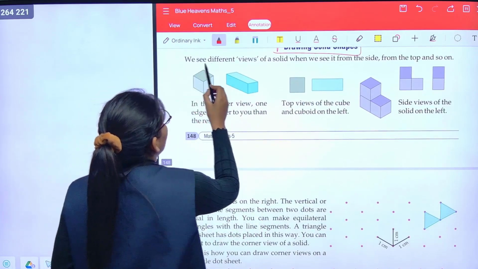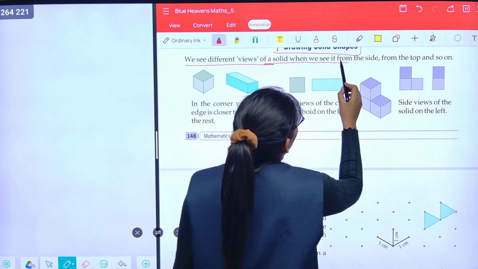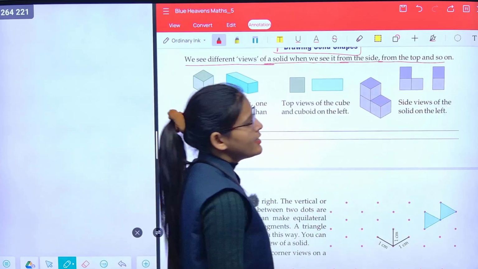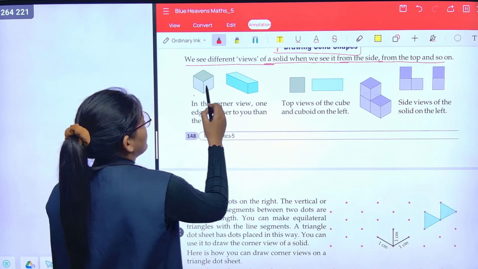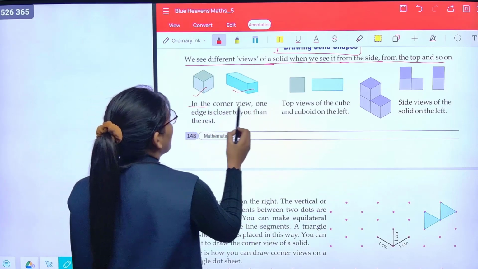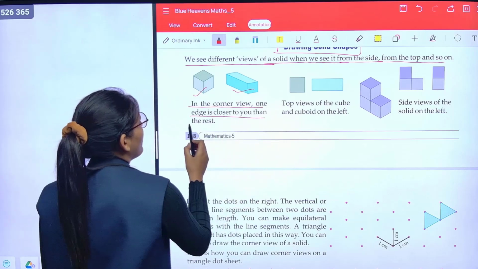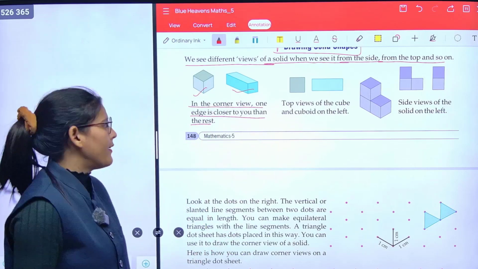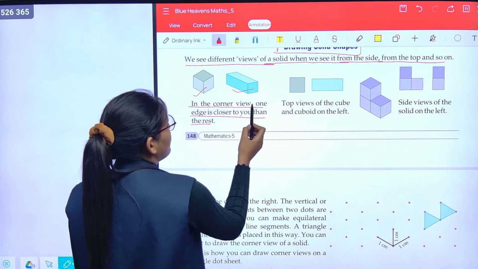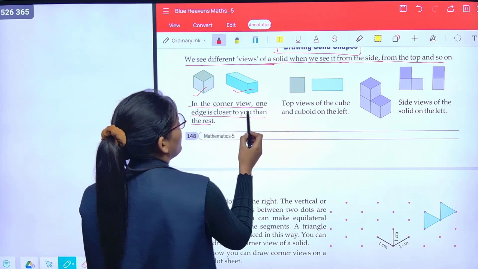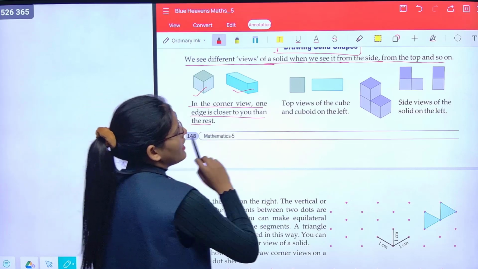Now, drawing solid shapes. We see different views of a solid when we see it from the side, from the top, and so on. In the corner view, one of the edges is closer to you than the rest. Understand now?